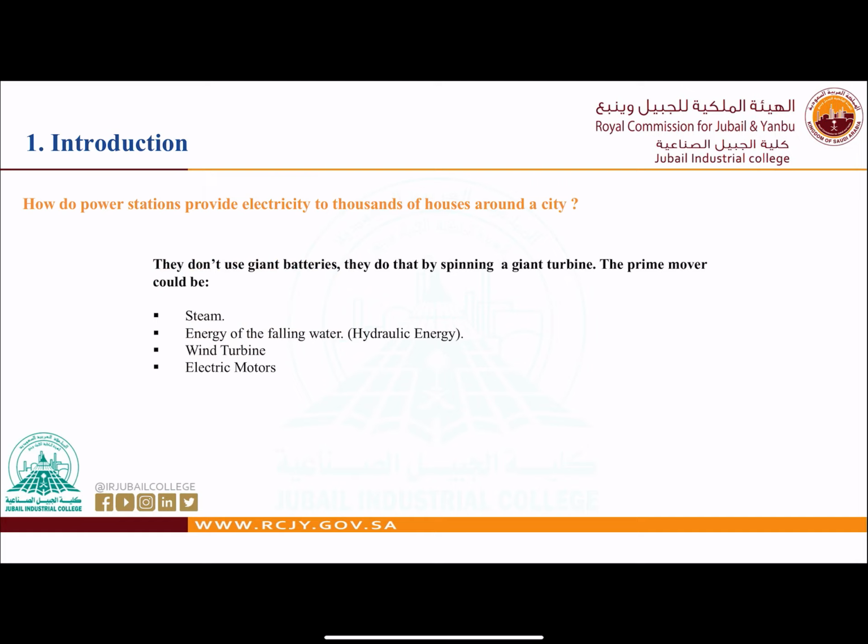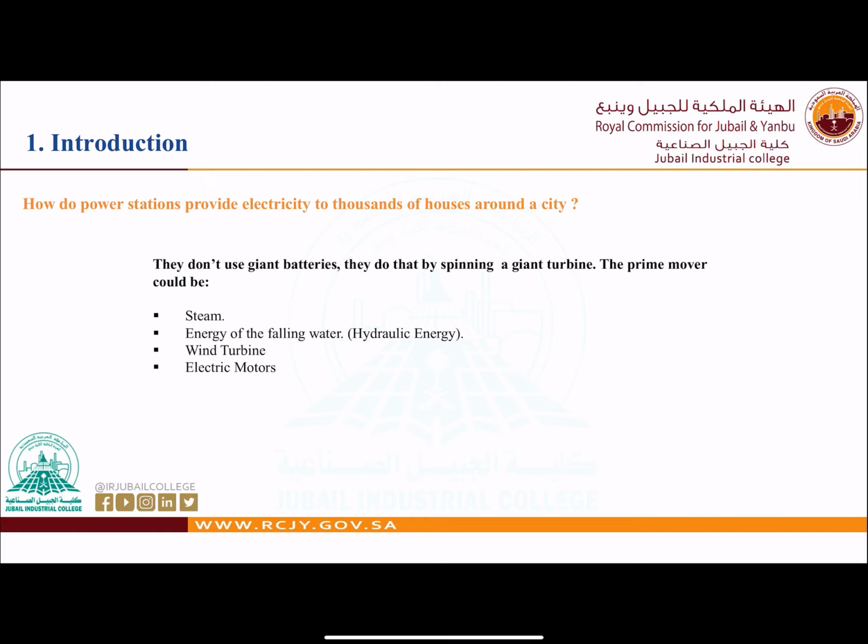Now, how do power stations provide electricity to thousands of houses around the city? Imagine that one station in an electrical company in Saudi Arabia, which is SEC, can provide power to all, let's say, Jubail citizens.